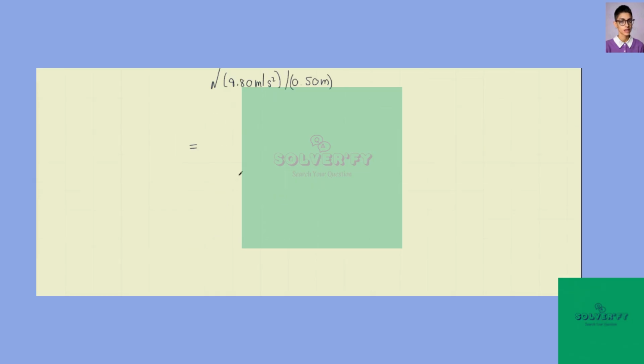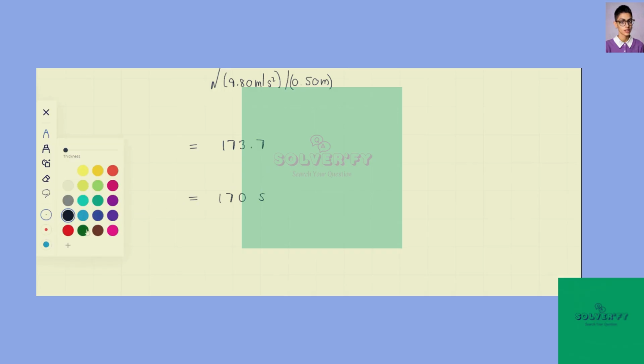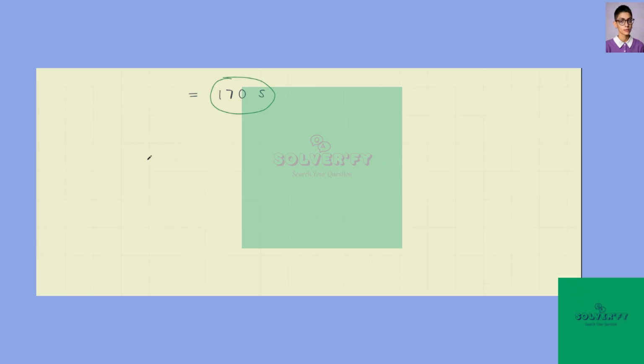So calculating this, we get 173.7, and in two significant figures this is 170 seconds. So it takes 170 seconds for the amplitude to decrease to 1/3 of its peak value.